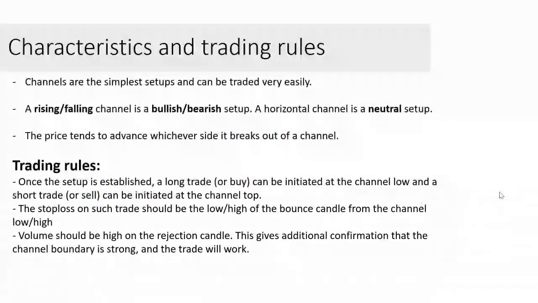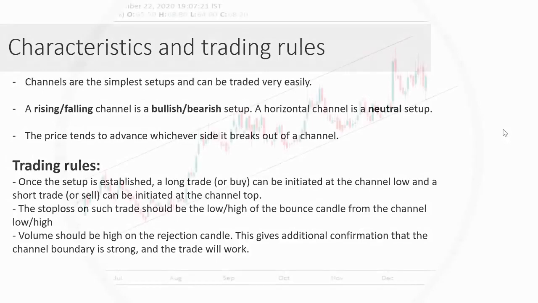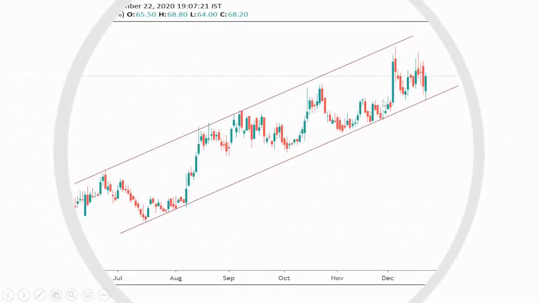Now let's try to understand the characteristics of the channels and the trading rules. The channels can be of three types, as we discussed. The rising channel is considered a bullish setup. If we go back to this example, if a bullish channel is already established, then every time price comes to this support level, you should look at buying, and you should avoid buying at these upper levels.